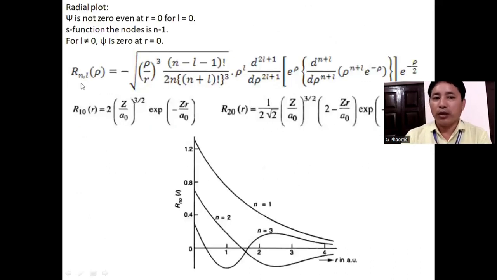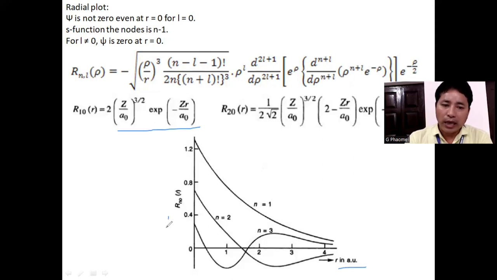We know that for 1s orbitals, n is equal to 1 and l is equal to 0. That means for 1 and 0, the wave equation will be like this. In atomic units, a naught is 1, and Z is also 1.